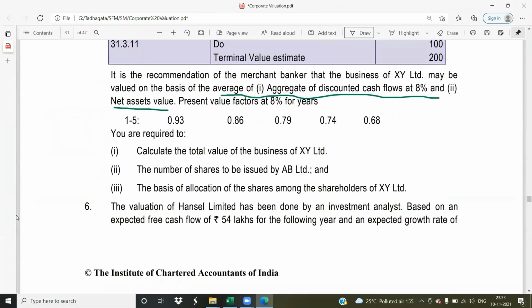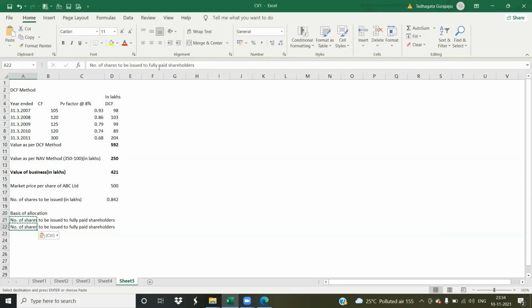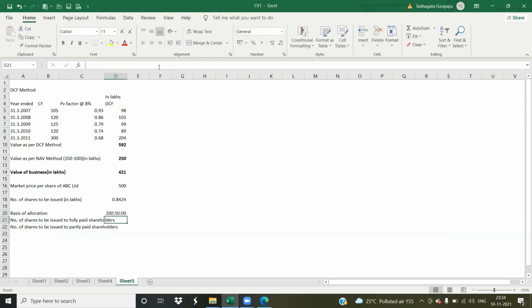This is the last basis of allocation. So issue to shareholders, partly paid shareholders. It is 250.